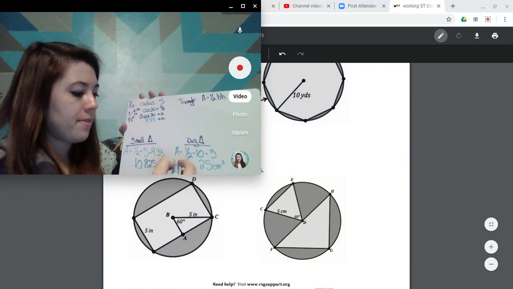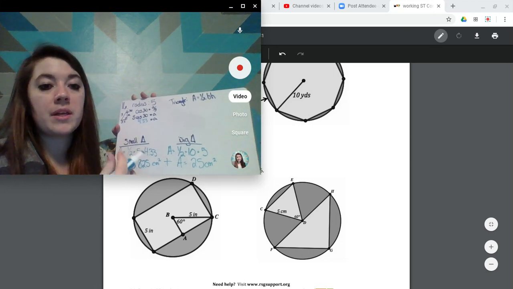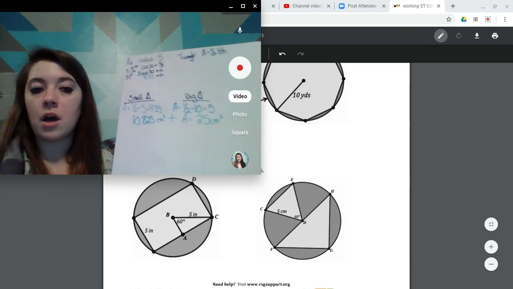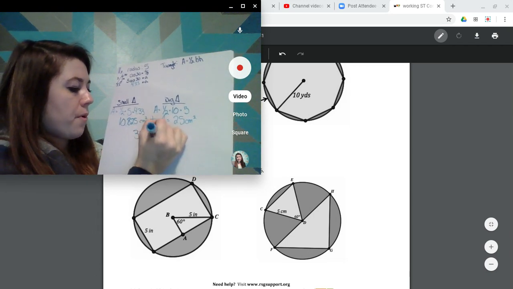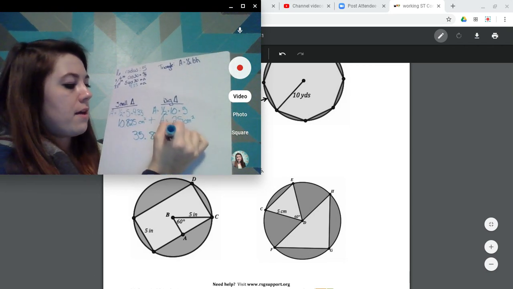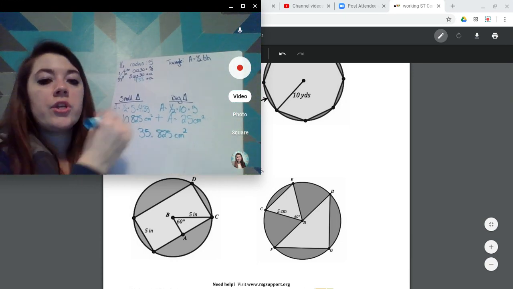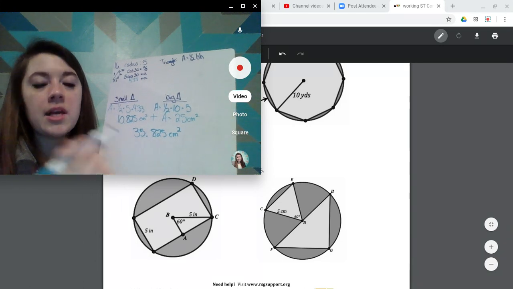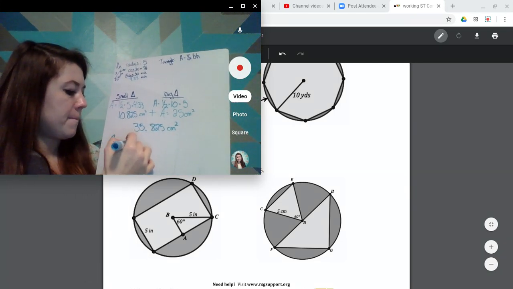Now, we have to add these two together because we need to know the full area of the two triangles so we can subtract it from the circle. So we're going to end up with 35.825 centimeters squared. So now we know the area of both the triangles. Now we need to find the area of the circle. So area equals pi.